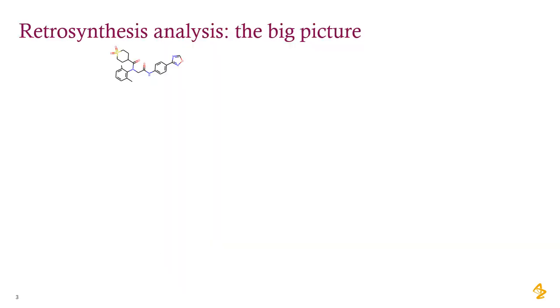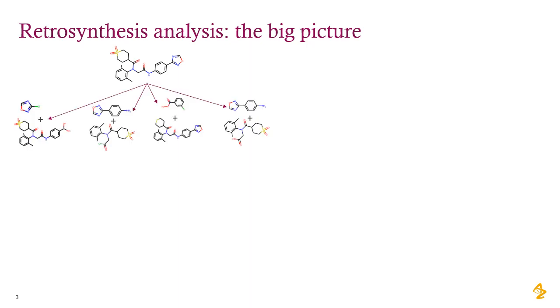So, retrosynthesis analysis. It's a computational method that starts with a target molecule, and then we want to know how to synthesize this molecule. So we pick a disconnection, we break one or a few bonds to make precursor molecules.